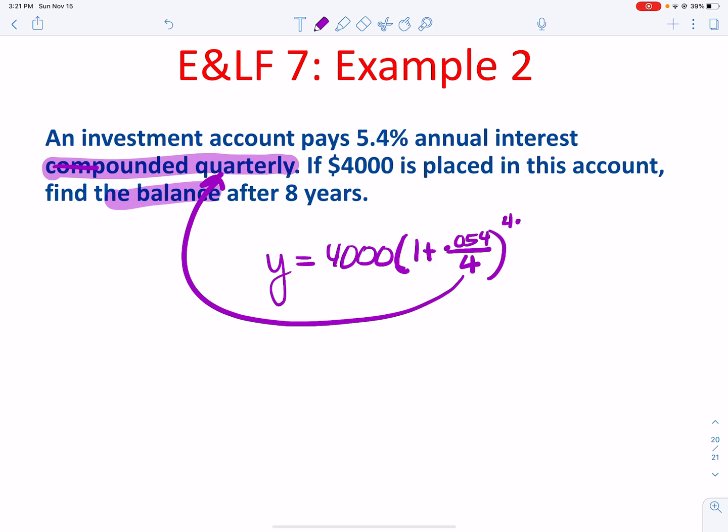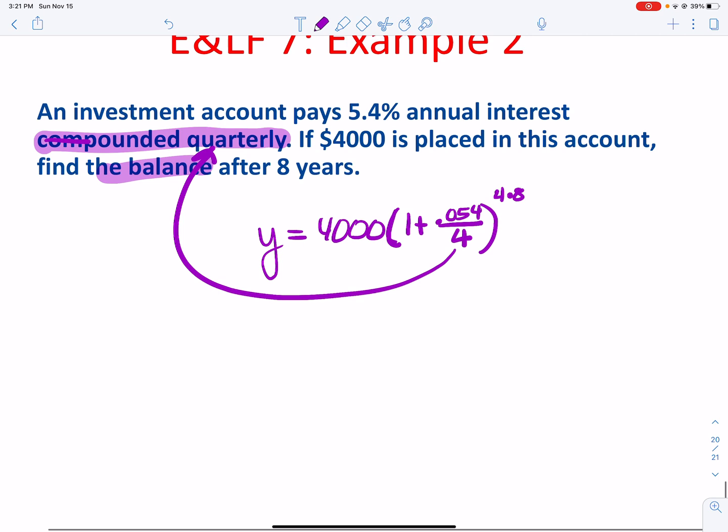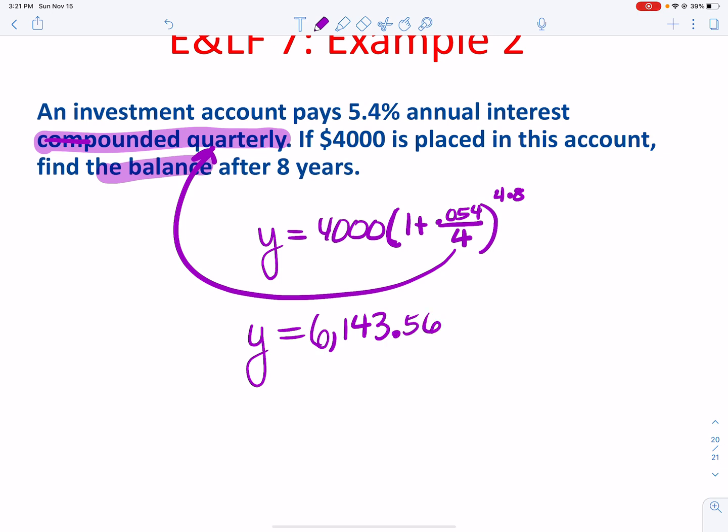And now I'm going to do 4 times 8 because I'm doing it 4 times a year for 8 years. So I really should have brought a calculator in here. So I'm going to put this in, and to the 32nd times 4,000. So I want to round it 2 places because we're talking about money, $6,143.56. So that's what's going to happen when you compound it quarterly.